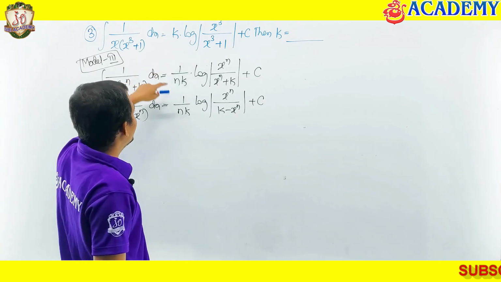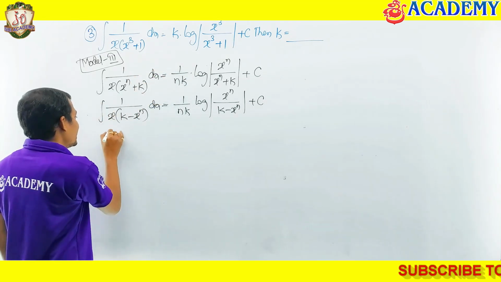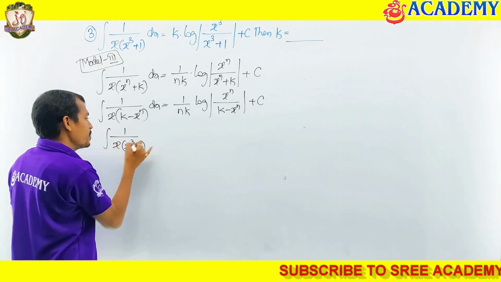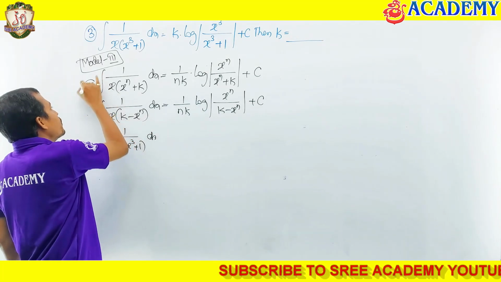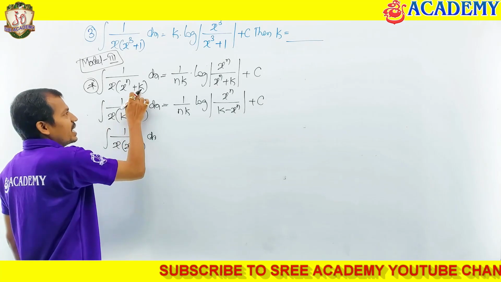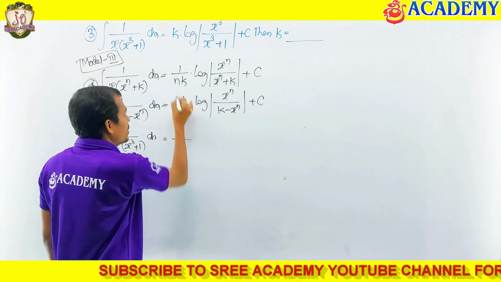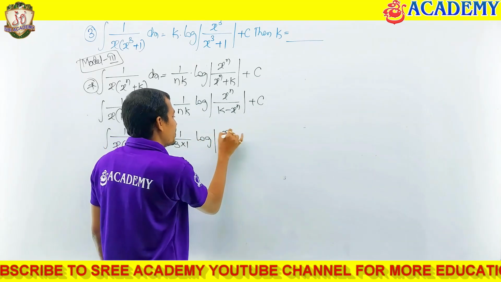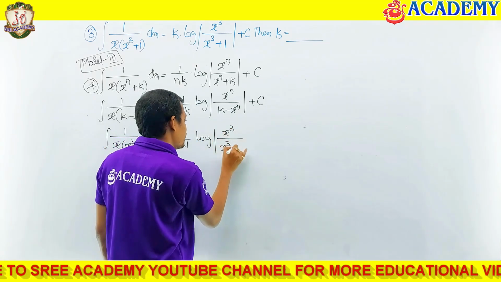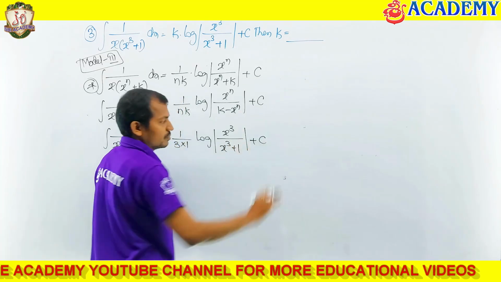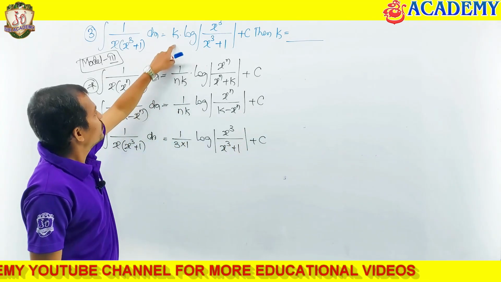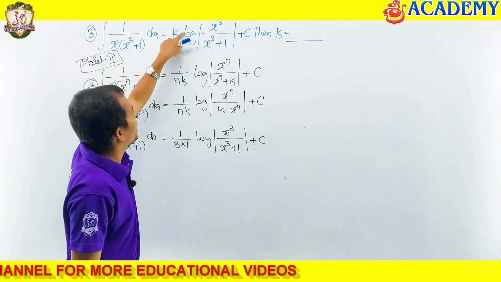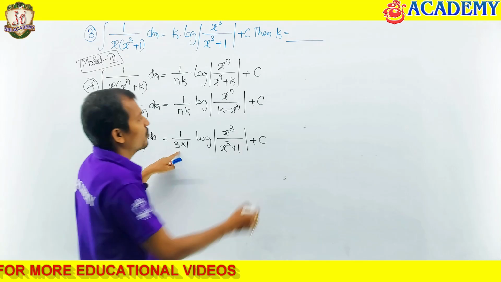If you replace in this formula, that is integral 1 divided by x into x power 3 plus 1, now n equals 3, k equals 1, so it is 1 divided by n value 3, k value 1, log of x power 3 divided by x power 3 plus 1. If you compare the question with this one, in place of k we have 1 by 3.